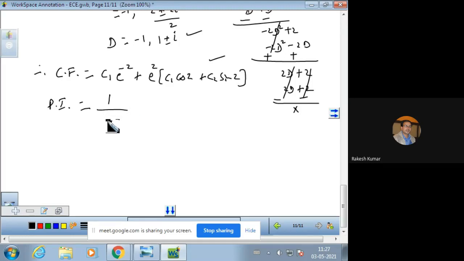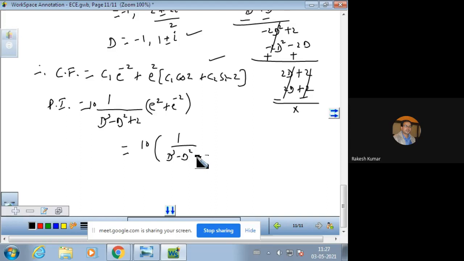Now let us find out the particular integral, that is 1 over f(D), 1 over D cube minus D square plus 2. 10 is a constant, it can be written outside. So you know the procedure of finding out the particular integral: 1 over D cube minus D square plus 2 into e raised to power minus z.